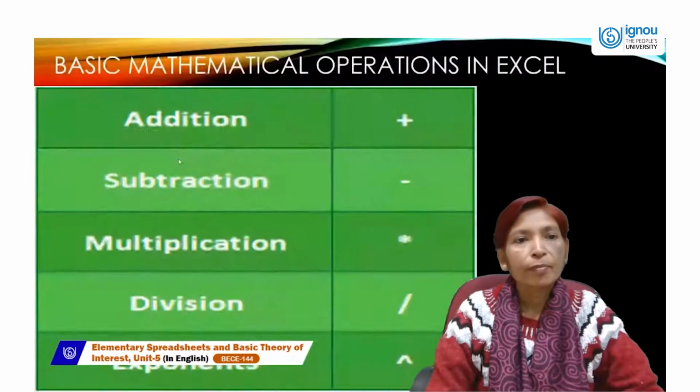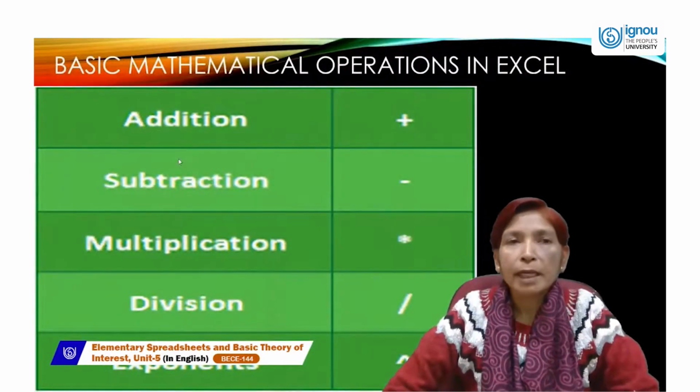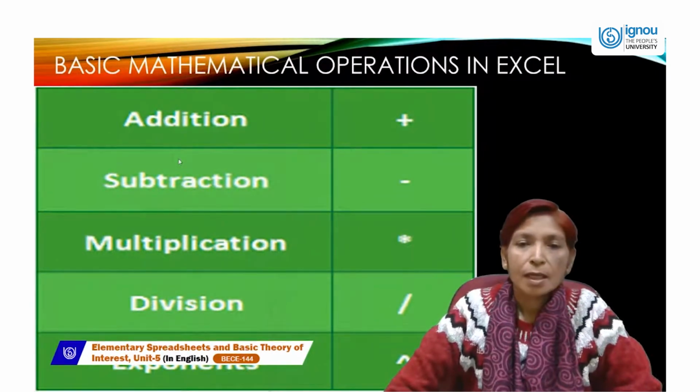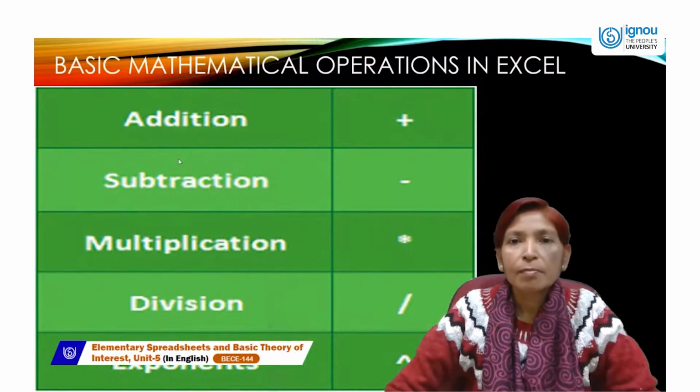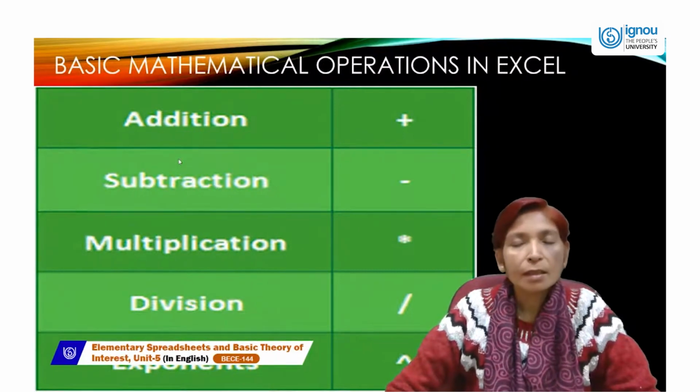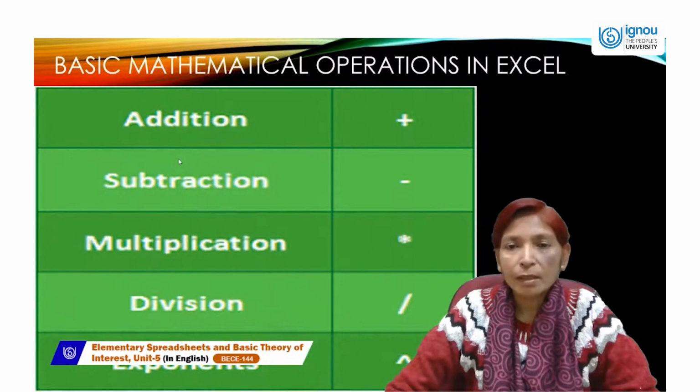Next is basic mathematical operations in Excel. Some basic mathematical operations in Excel are like addition. Addition means if we want to add up, like in the mean, we have to add up all the given observations and divide by the total number of observations, then we can calculate the mean.